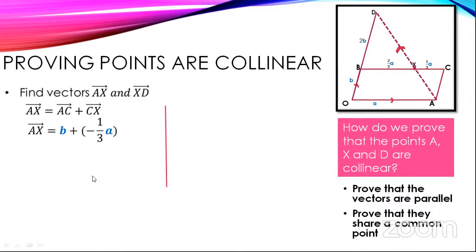All right. And remember, because of how we were looking at the triangle law and we were adding, we realized that when we're adding minus a third A to B, we get B minus a third A. Now, how did I get A divided by 3?